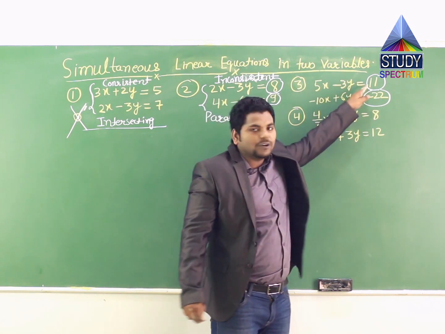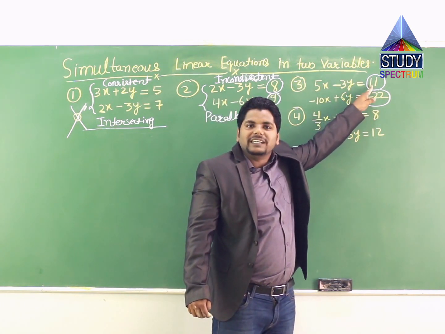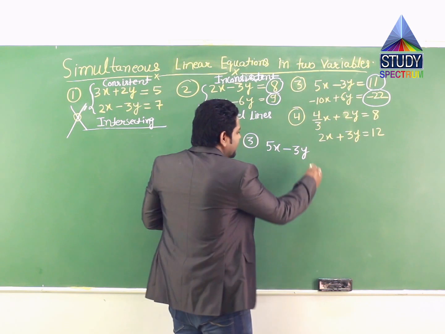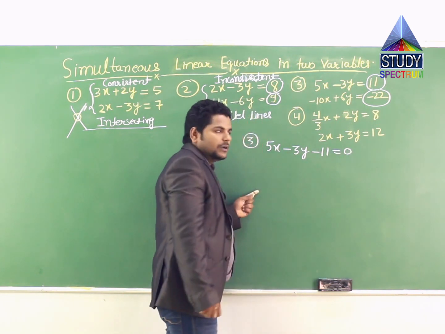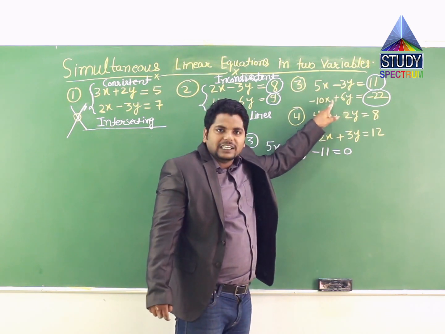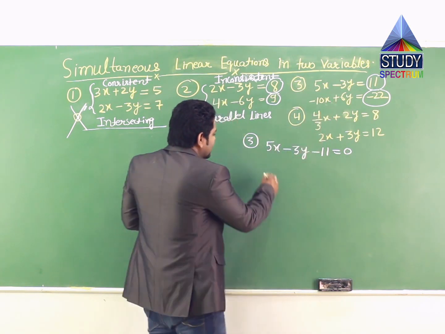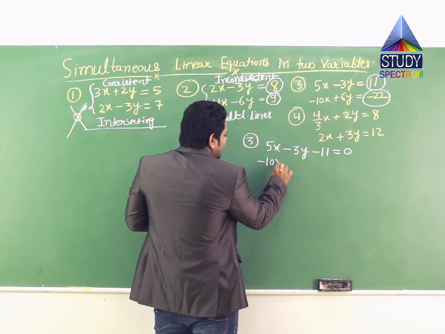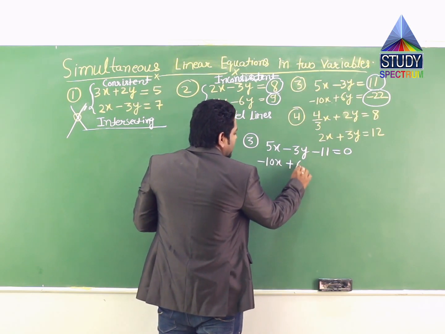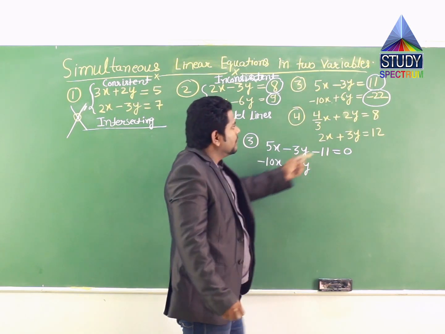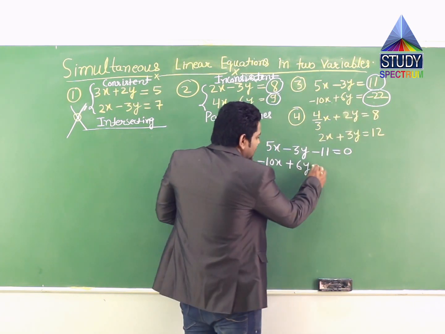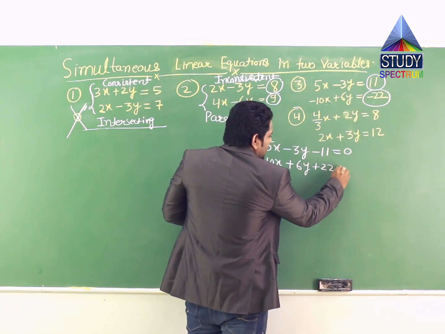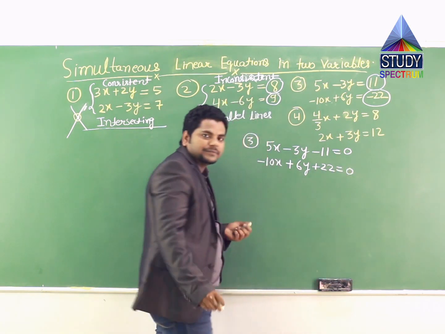It is plus 11 on the right hand side, so when it comes to the left hand side, it will be minus 11 equal to 0. Now come to the second linear equation. It is minus 10x plus 6y. Minus 22 will come to the left hand side, so it will become plus 22 is equal to 0.